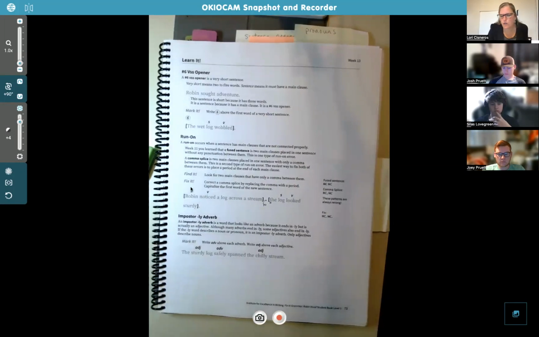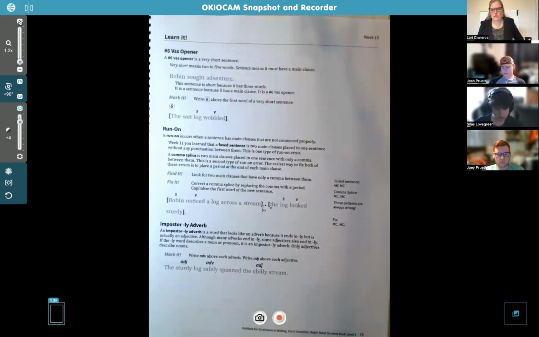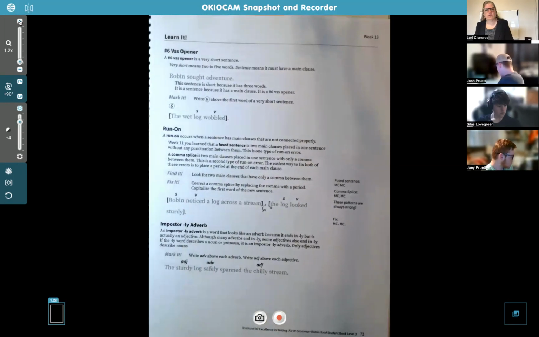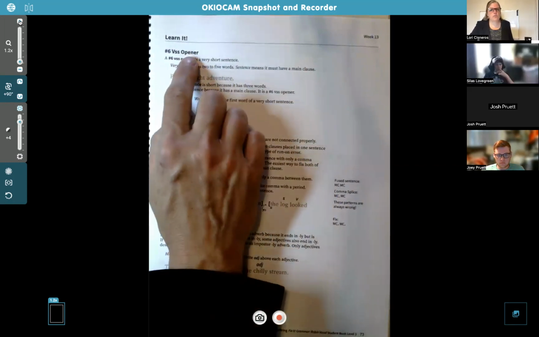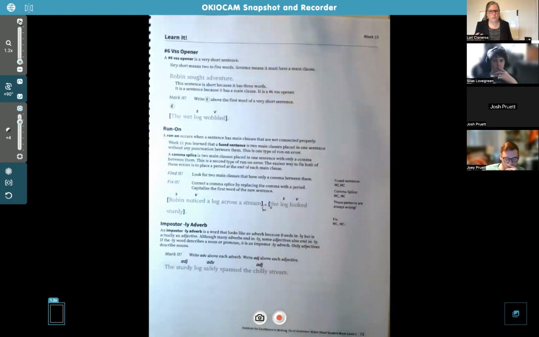All right, we're going to start on page 73 in the grammar book. Page 73. Talking about VSS opener. So we've been learning the different openers to use.